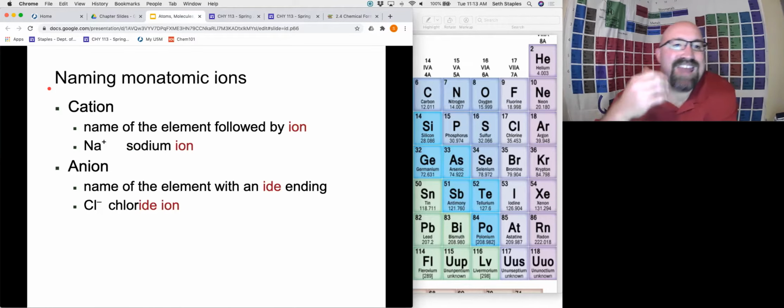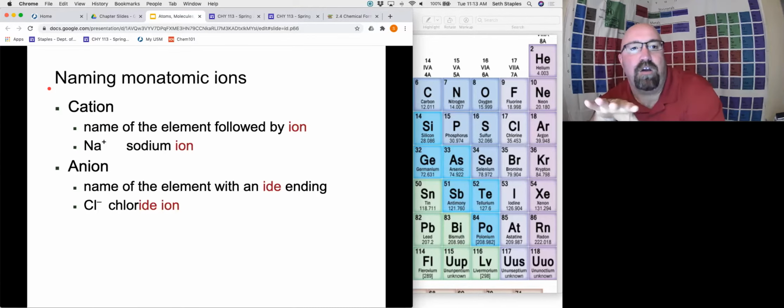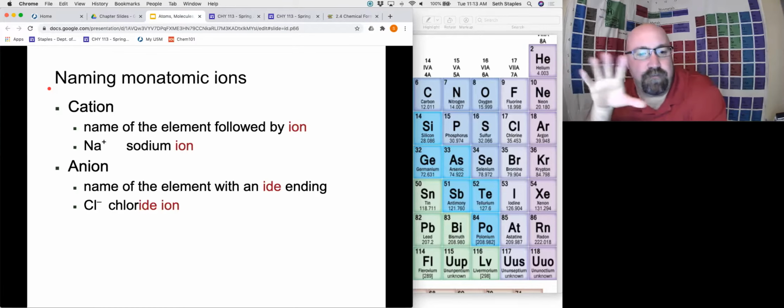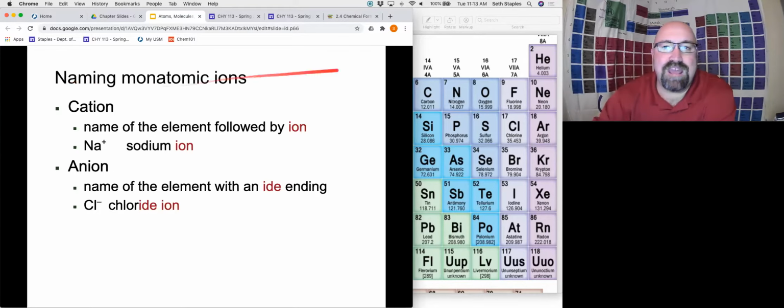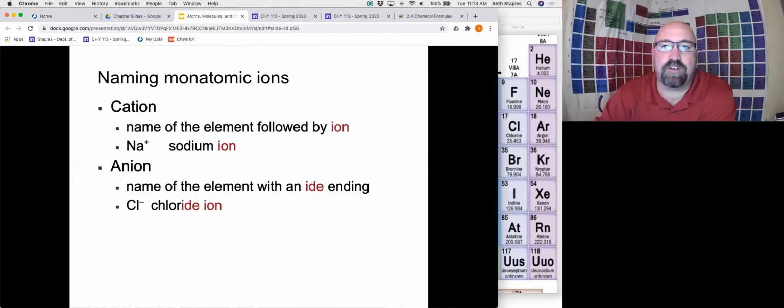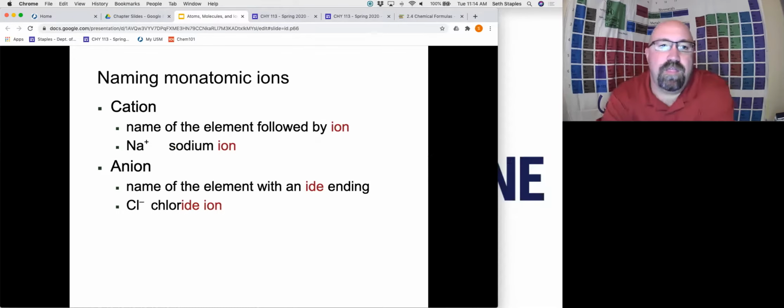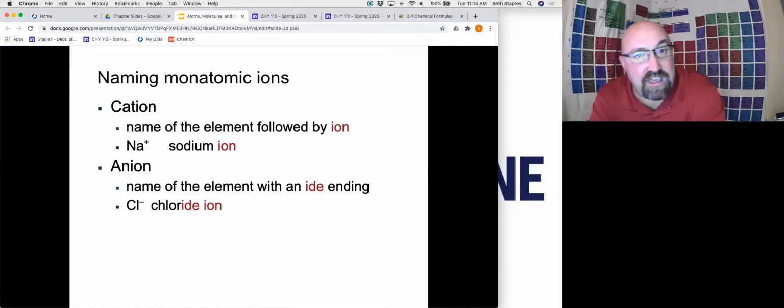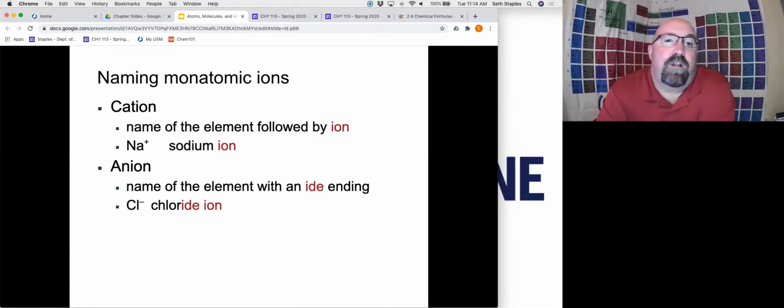And so the names of monatomic ions, hopefully, a few slides ago, you started to key in on this when I mentioned it. When we're naming polyatomic ions, when we're naming ions in general, if it's a cation, we don't change the name of it at all. We just take the name of the element and follow it up with the word ion, and that's it.